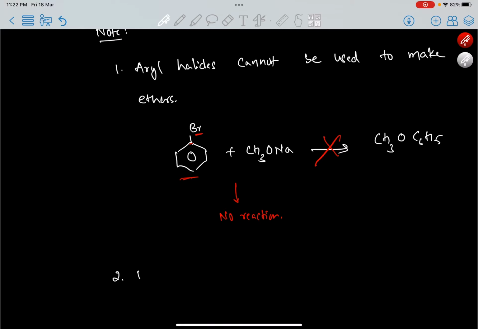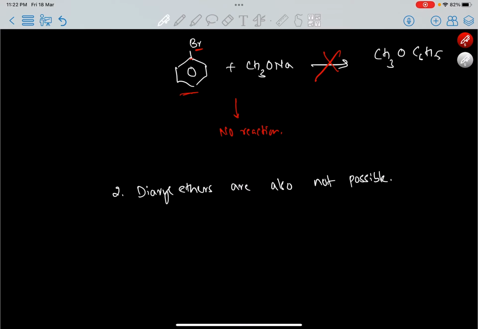As a consequence of this, there is one more point, that is diaryl ethers are also not possible. Why? Same reason. So if I take alkyl bromine along with phenoxide ion, then what are we supposed to get? Let me draw this properly.